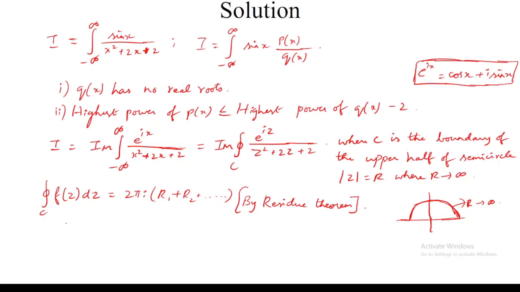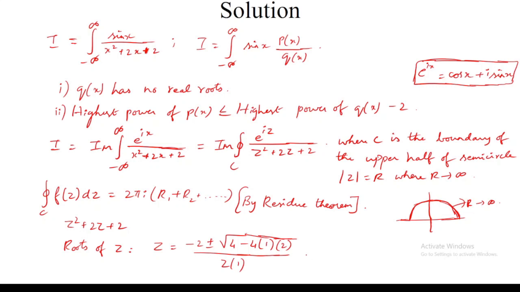So let's take the denominator separately. z is equals to minus b plus or minus root of b square minus 4ac divided by 2a. This simplifies to minus 2 plus or minus root of minus 4 divided by 2, which can be written as minus 2 plus or minus 2i divided by 2.